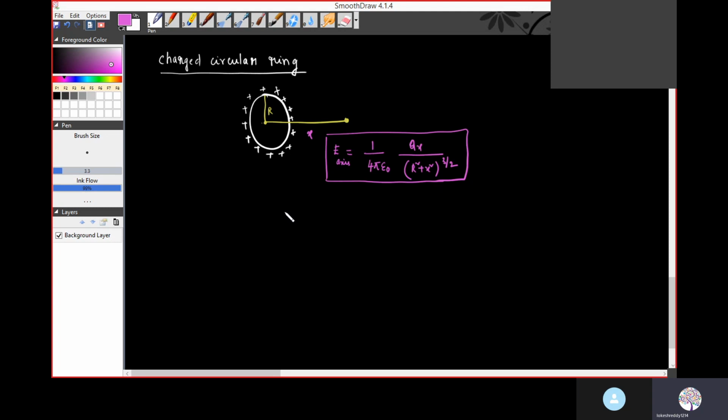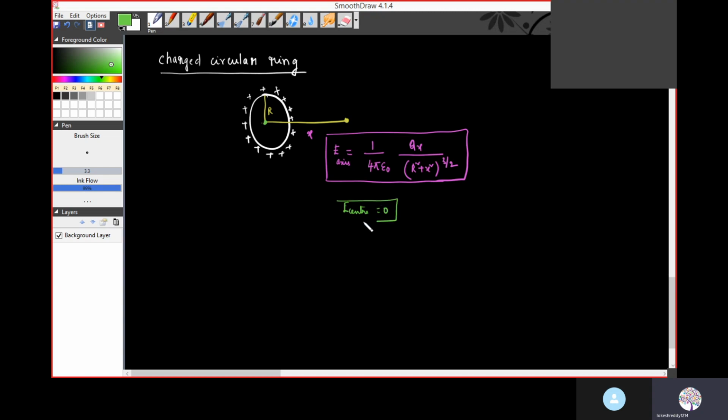Now, if you consider a very large distance, say at the center, for example here, then E at the center will become 0.